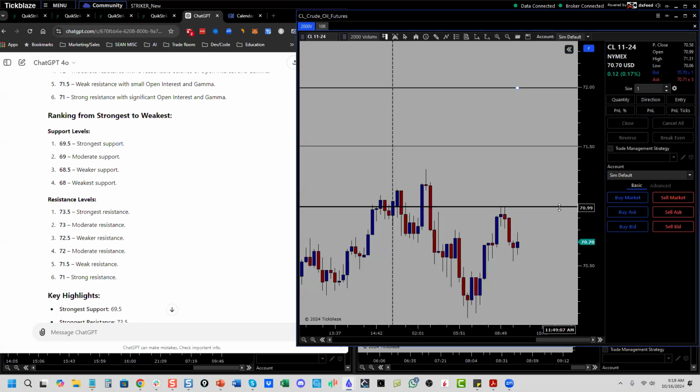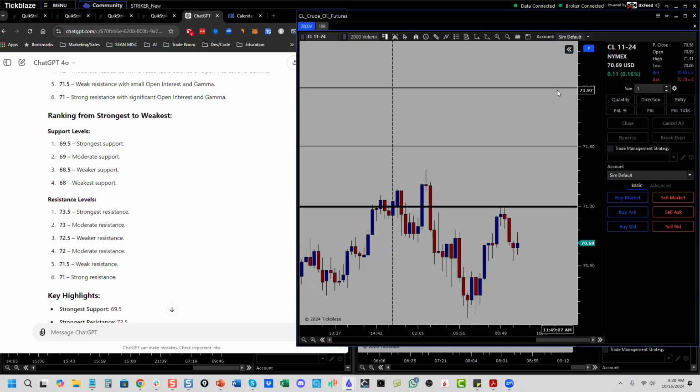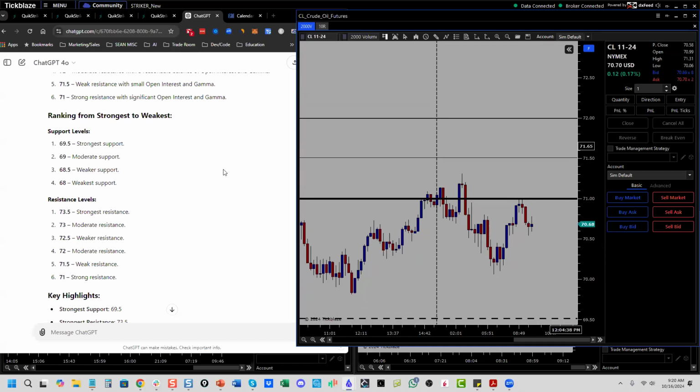If it's big, you could obviously make it thicker so you understand that, right? This is how you could keep it super simple for yourself so you understand thickness could be stronger. And 71.50, 72.50 is weaker resistance. So I'm just going to copy that.